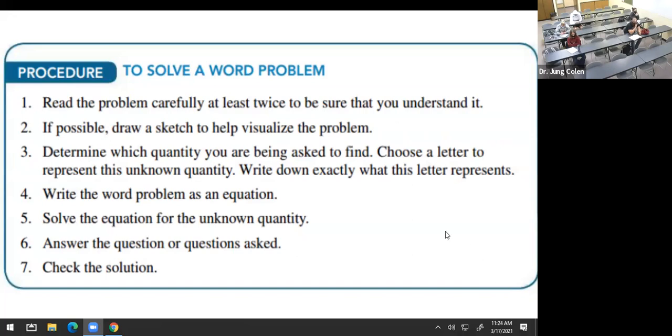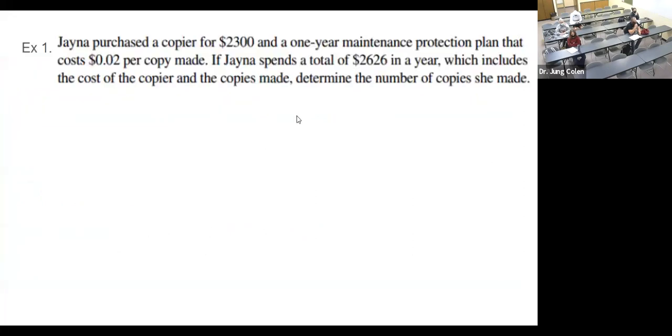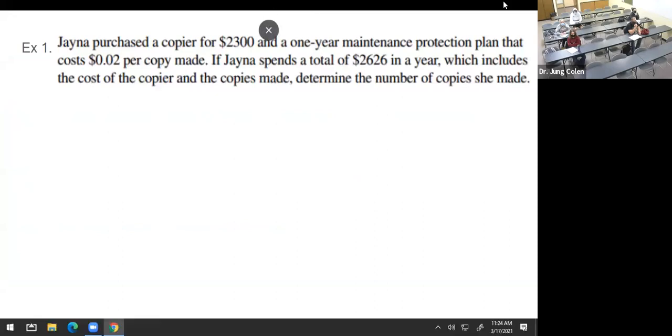So if you are defining the value as x, you need to define what x is. Number 4, write the word problem as an equation. Then solve the equation for the unknown quantity and answer the question or questions asked. Then make sure to check your solution. Okay, these are the steps to follow. So here is the first example that you are going to solve.